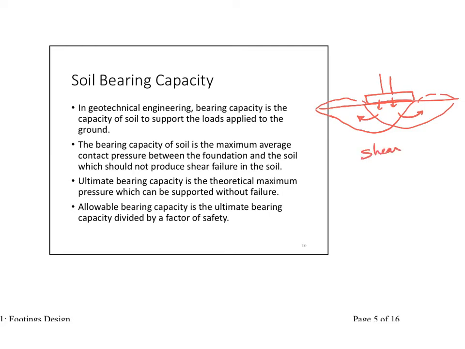Shear failure of what? Of soil. The load that causes stress to do this, that stress is called the ultimate bearing capacity. So the ultimate bearing capacity is, theoretically speaking, the stress at which the soil will fail in shear.